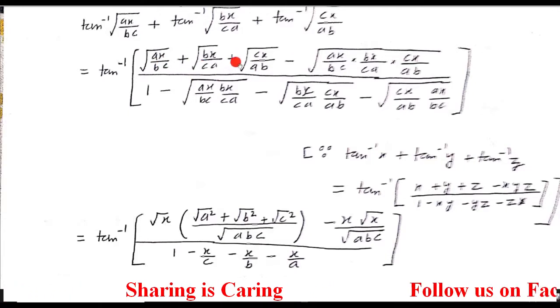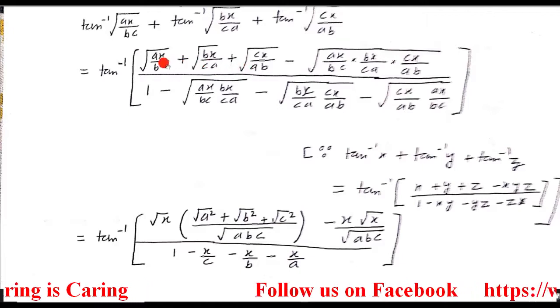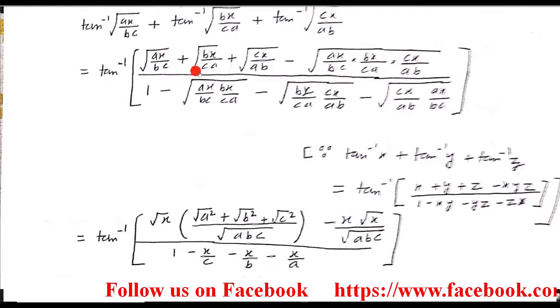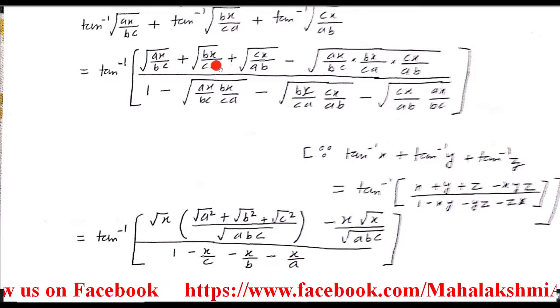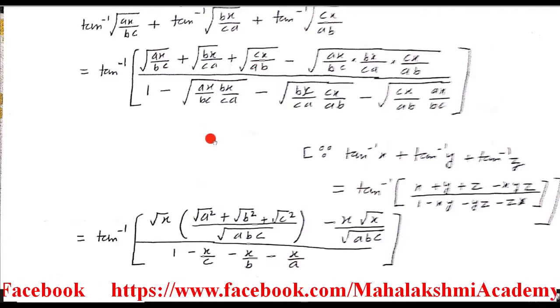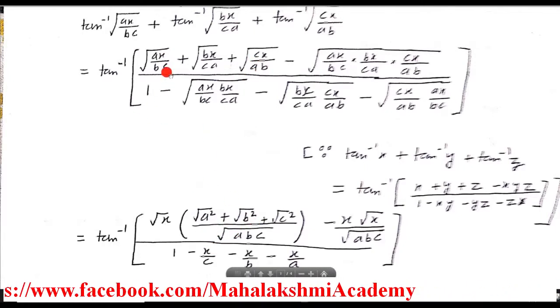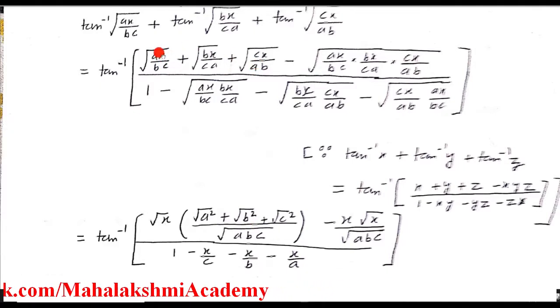Here you can see these three terms are in addition, so to add them we have to take their LCM. When we try to take the LCM, we see the denominators: bc, then ca and then ab. So in the LCM we will get root abc. And one more thing, these three terms have x common everywhere, so we can take root x common.